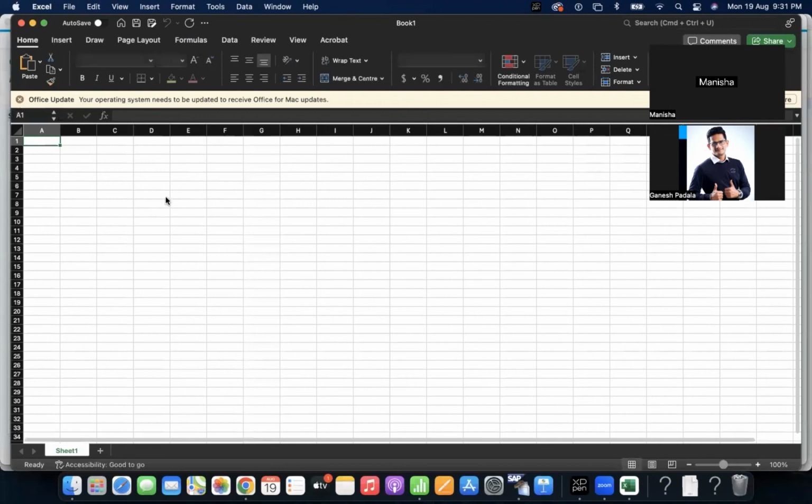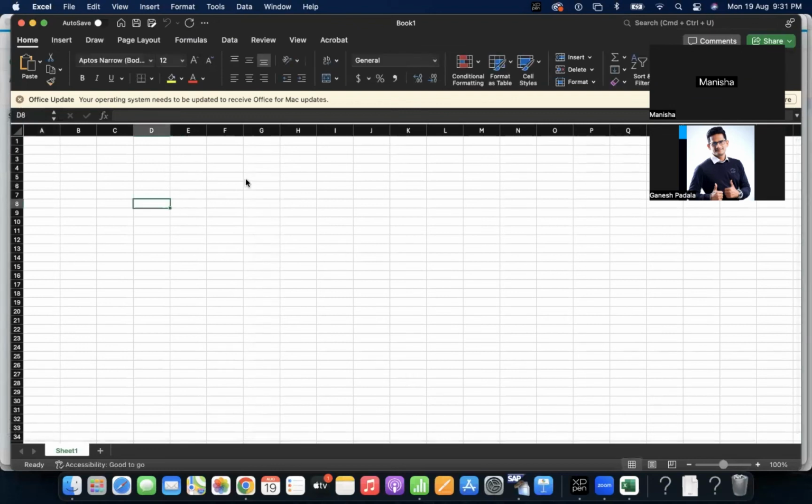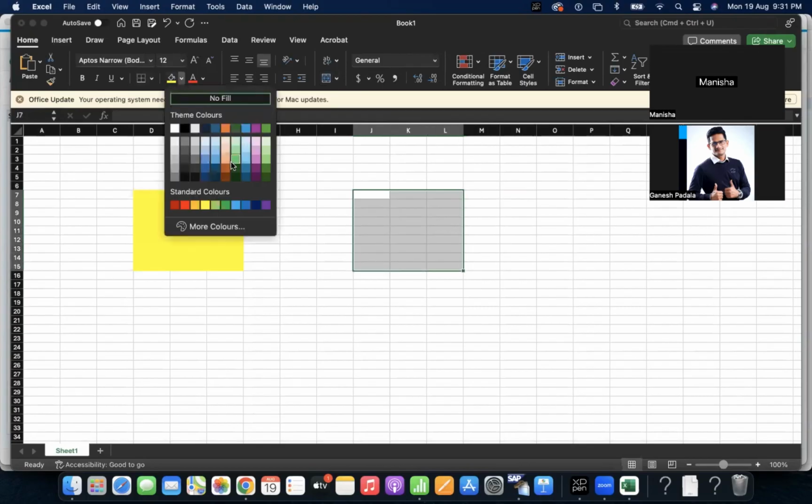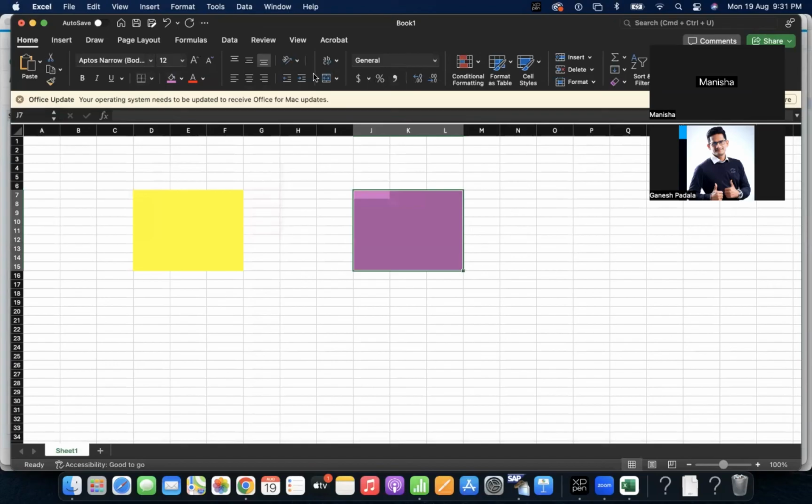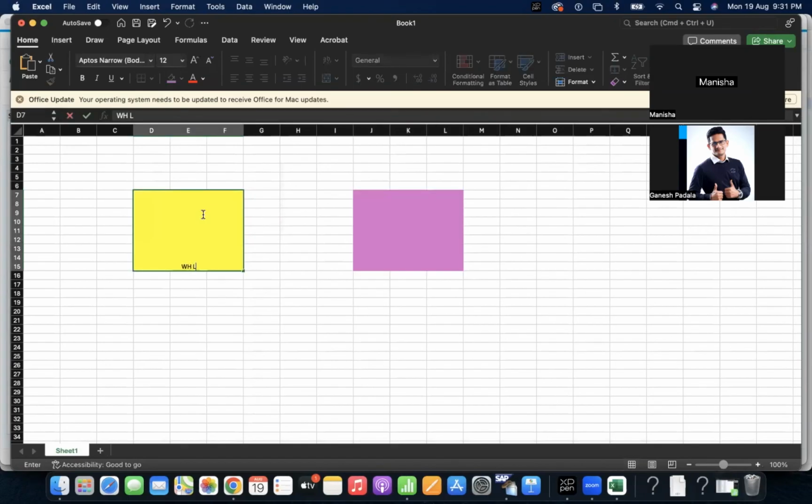Okay, this is the warehouse location. This is the production location. Warehouse location and production location.